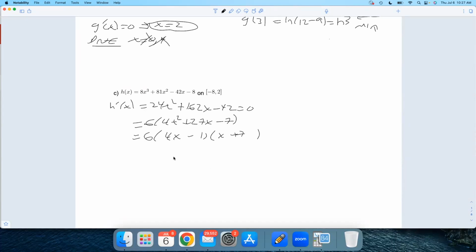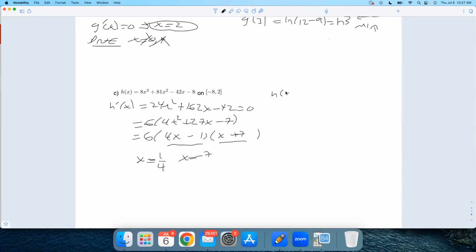All right, we got it. Now we set each factor equal to 0. Of course, 6 never equals 0. And we're going to get x equals 1/4 and x equals -7.